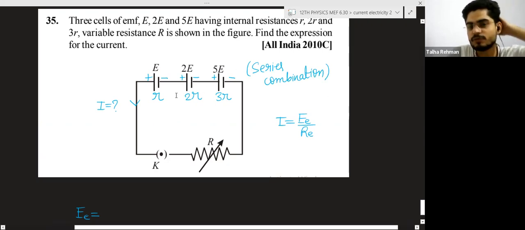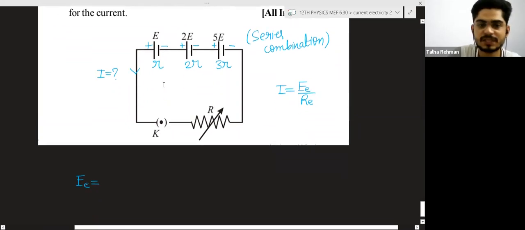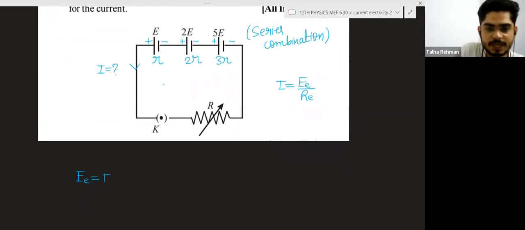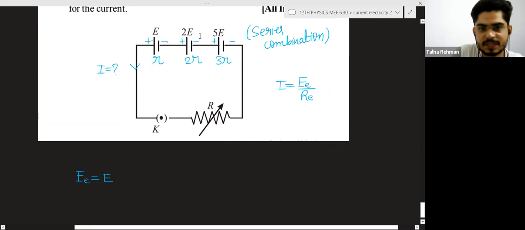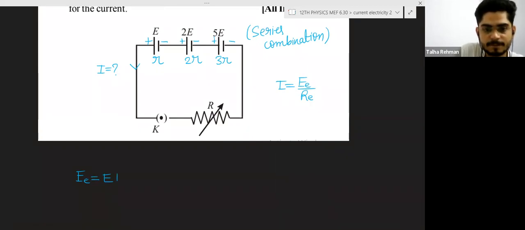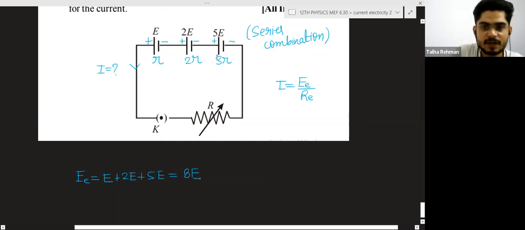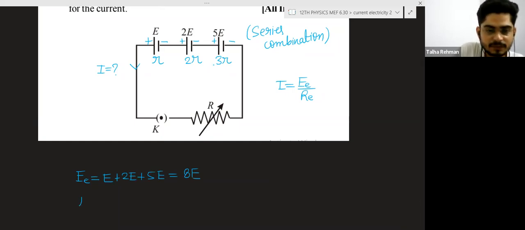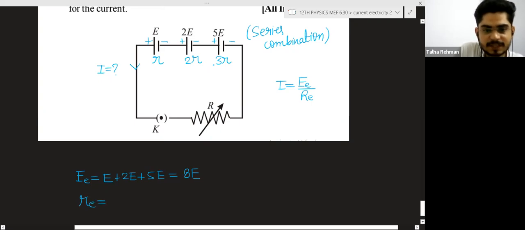How will you calculate the equivalent EMF in series combination? You will just add all the EMFs. E plus 2E plus 5E, you will get 8E as the equivalent EMF. And how will you calculate the total internal resistance?